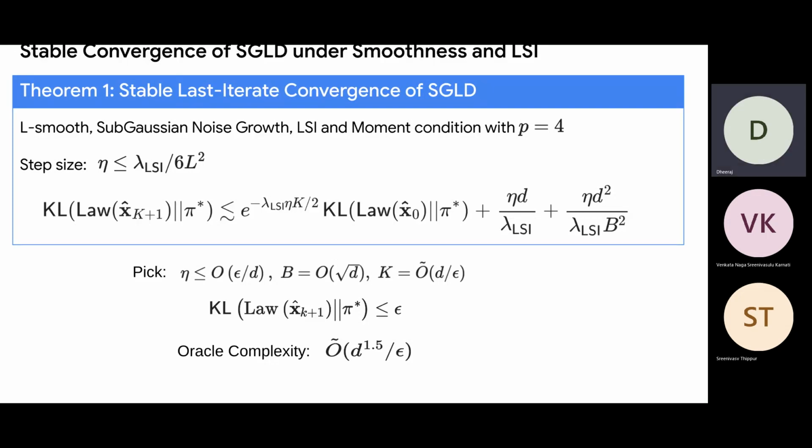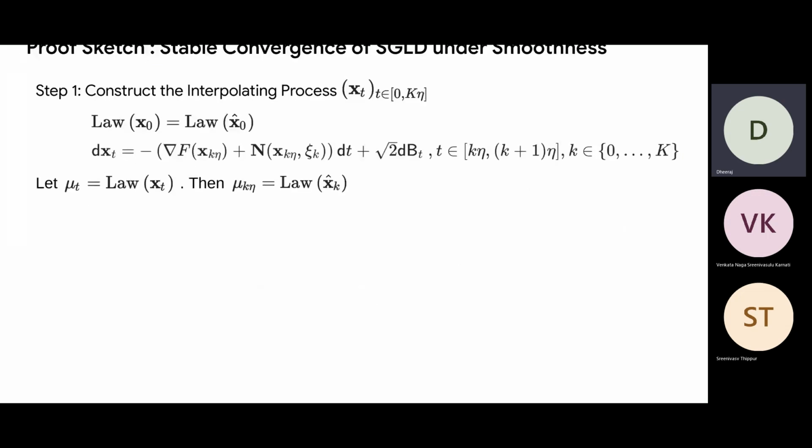Moving on, let me give you a short proof sketch. How we proceed is by going back to continuous time stochastic differential equations. Even if you have discretization, you can just do linear interpolation. You start with x naught, which is a linear interpolation process, and write this stochastic differential equation.